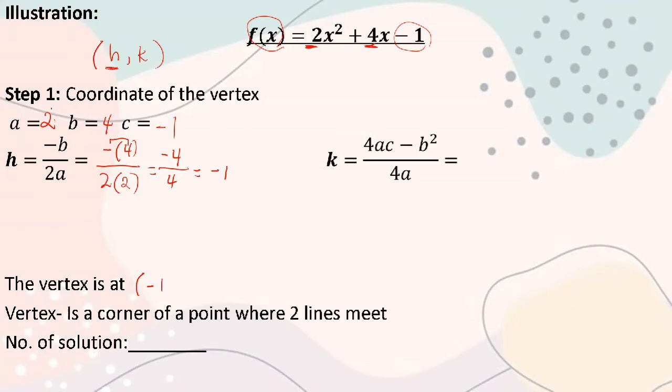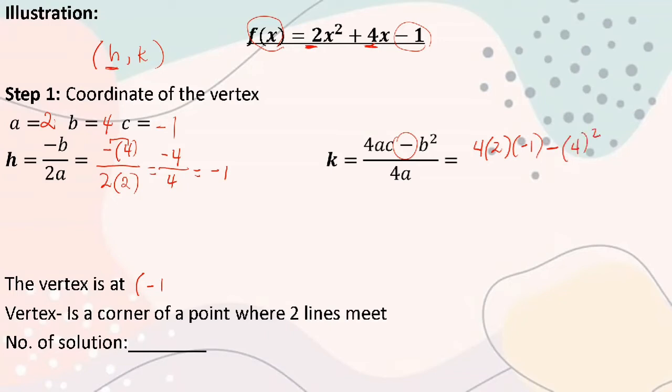So, next naman natin is to find the value of k. So, we have the 4ac minus b squared over 4a. So, write natin yung 4, then multiply sa a, which is 2. Yung c natin is negative 1. Then, copy the sign minus. Then, saka tayo magsa-substitute ng b squared. So, parenthesis natin, b is positive 4, then squared.